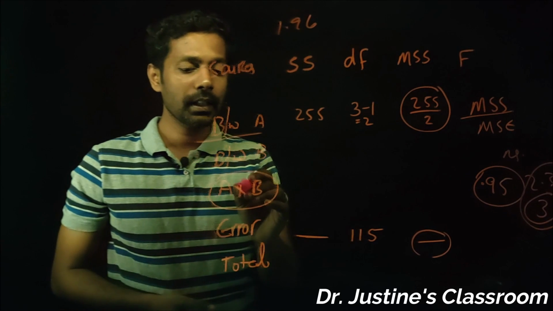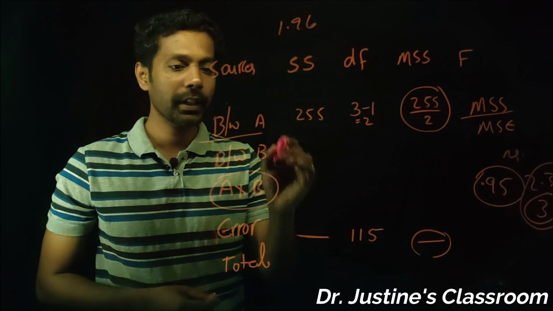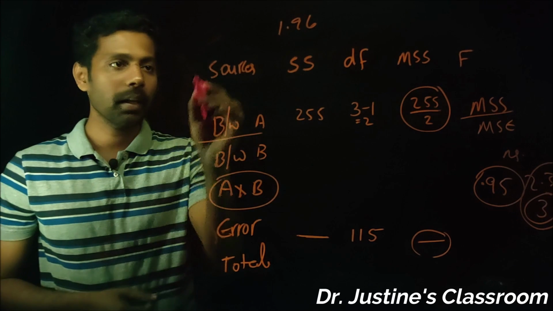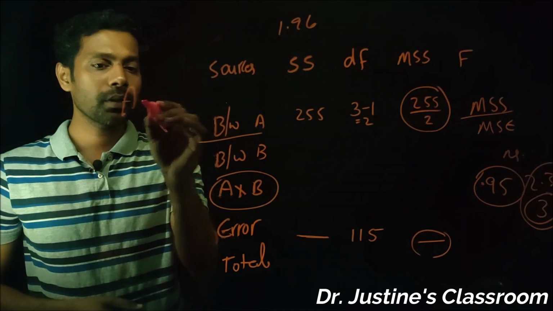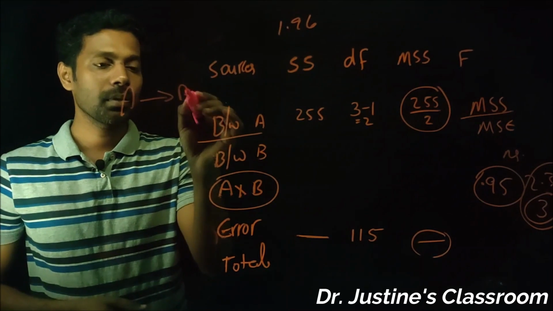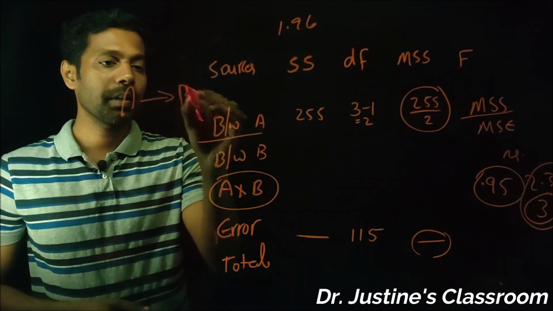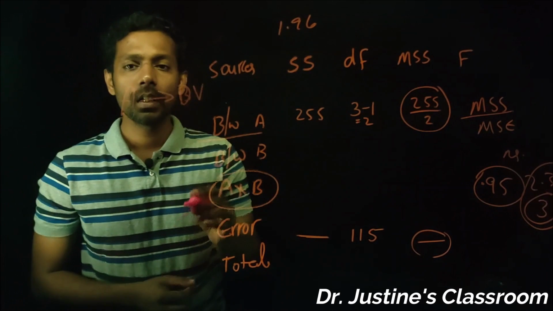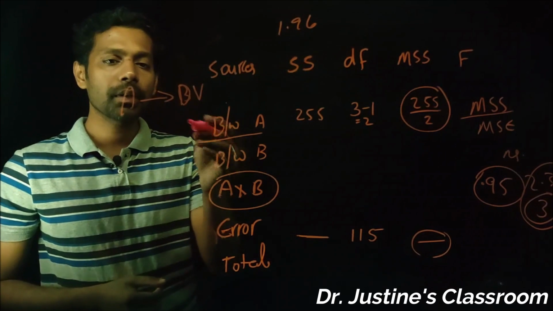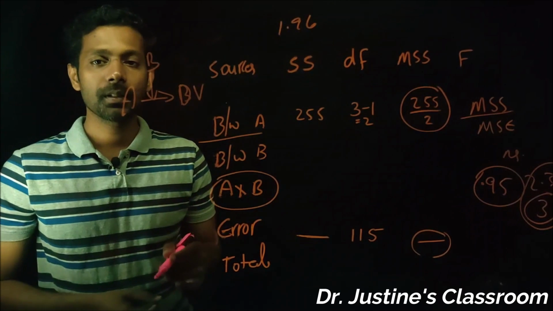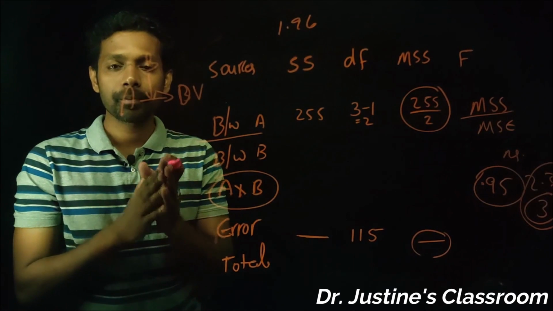So what does the interaction effect indicate here? Interaction effect indicates that the effect of A, one independent variable, on the dependent variable DV, is the same in two levels of B. This is called interaction. Look into the explanation once again.